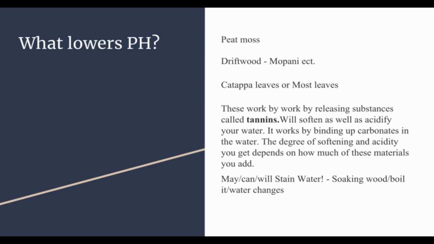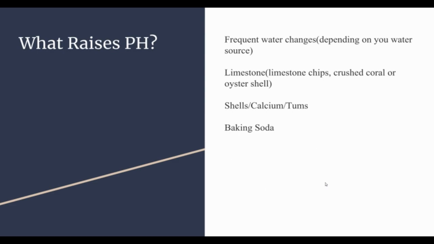That's by getting your carbonates in the water. It binds up the carbonates. Now, one thing with any of this stuff, it may, can, will stain your water, with the wood. So keep that in mind.